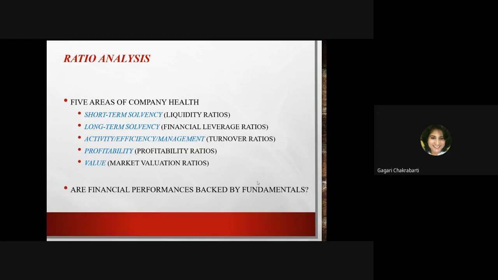Now, in this context, we may distinguish between fairly priced and not fairly priced. Fairly priced assets are simply those where market prices, or the stock prices, exactly reflect the fundamentals.